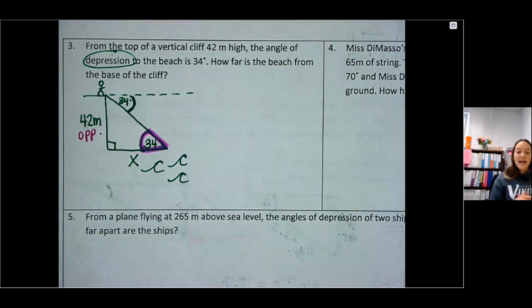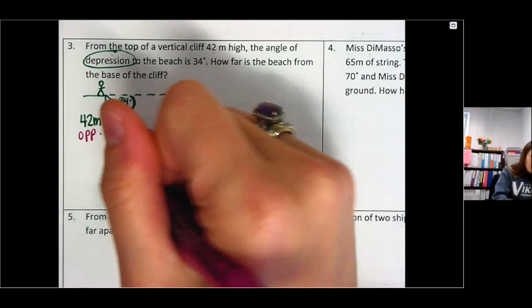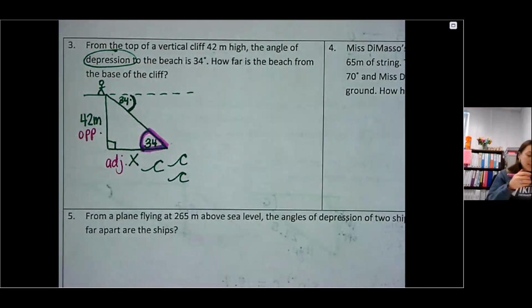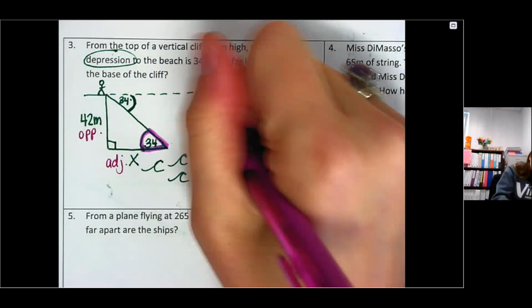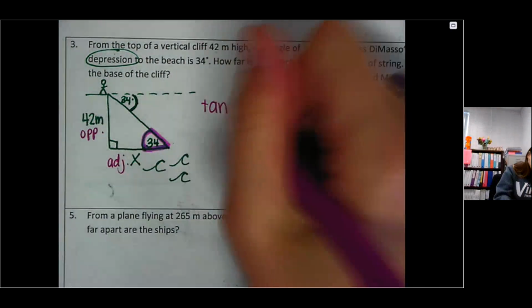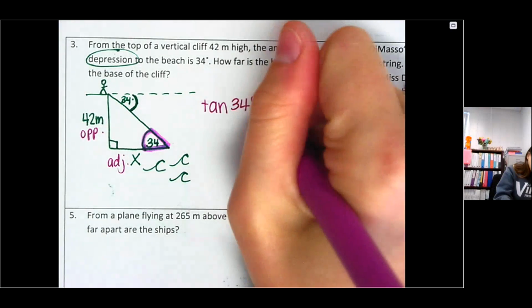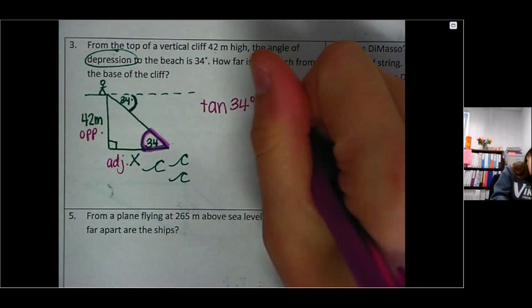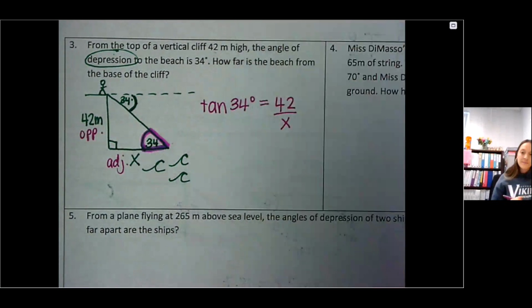And then the X is next to the 34, so this is adjacent. Opposite and adjacent uses tangent. So tan of 34 equals opposite over adjacent, which is 42 over X.